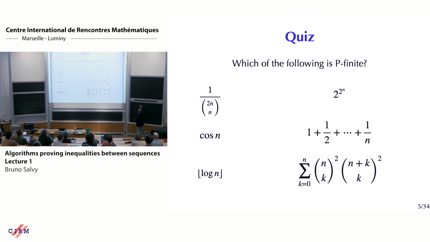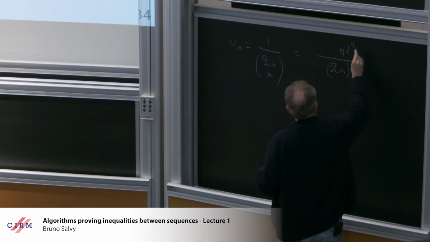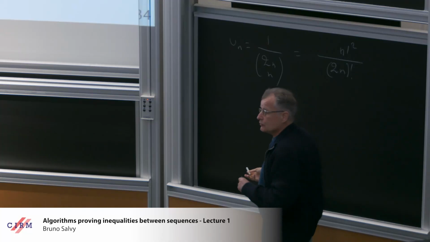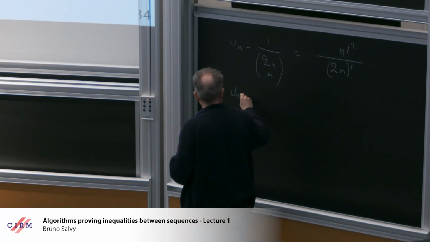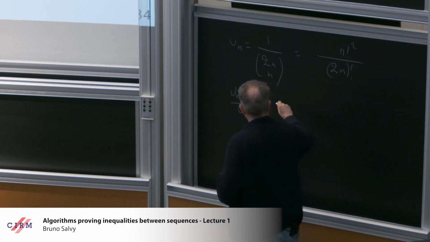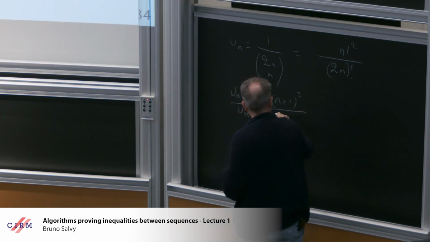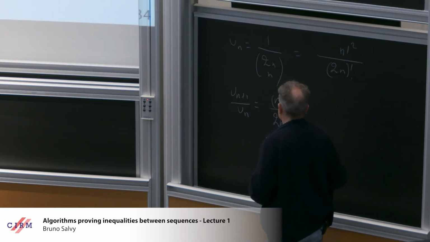Okay, so this is the question. So this is 1 over, so that's (2n)! and that's (n!) squared, okay? So if I write u_{n+1} over u_n, what do I have? I have (n+1) squared, and I have (2n+1)(2n), okay?